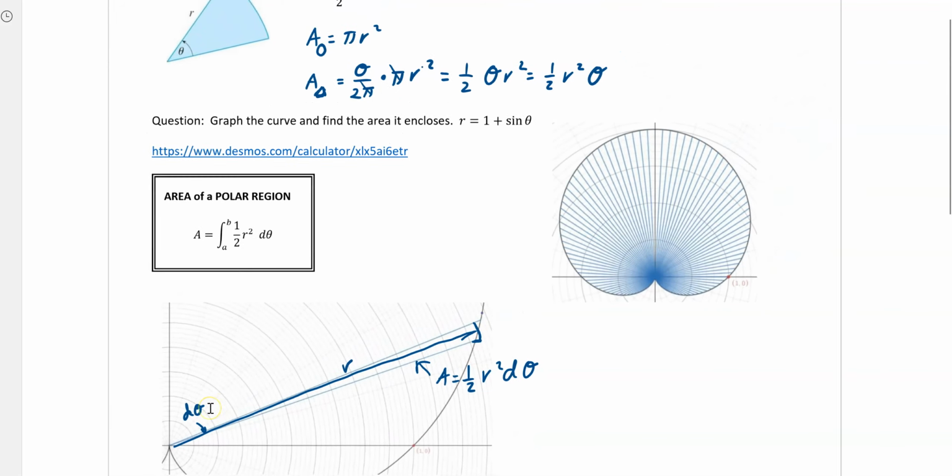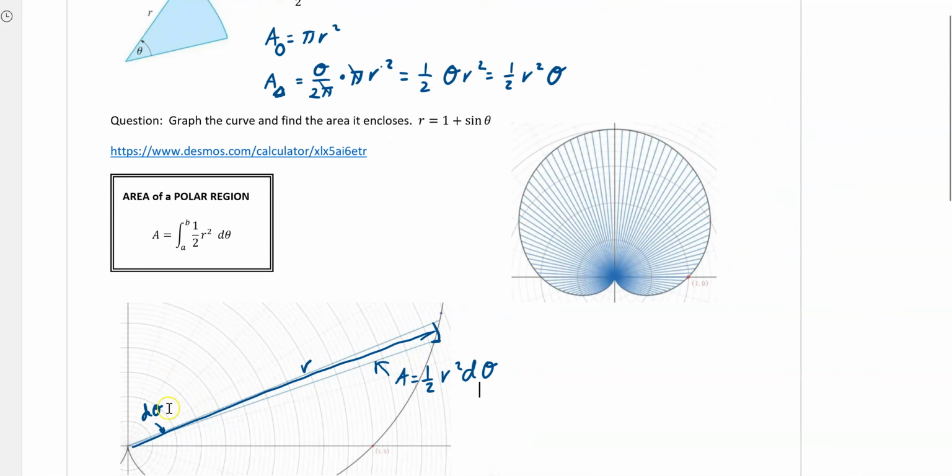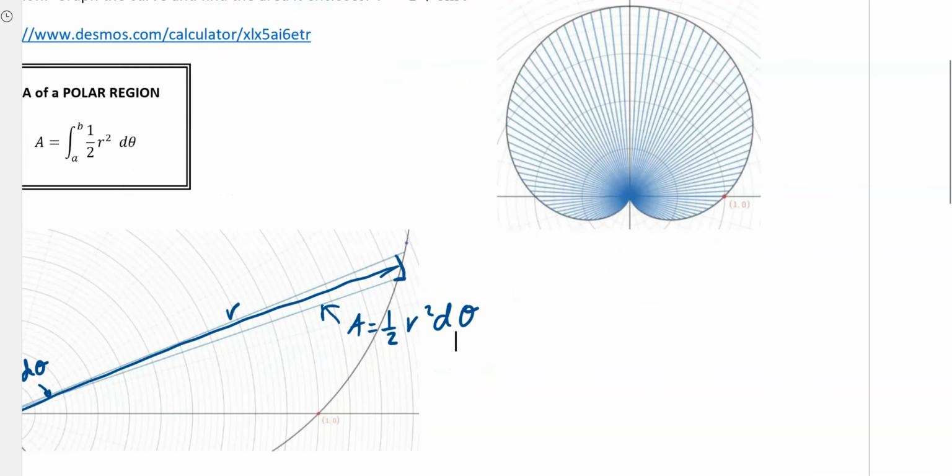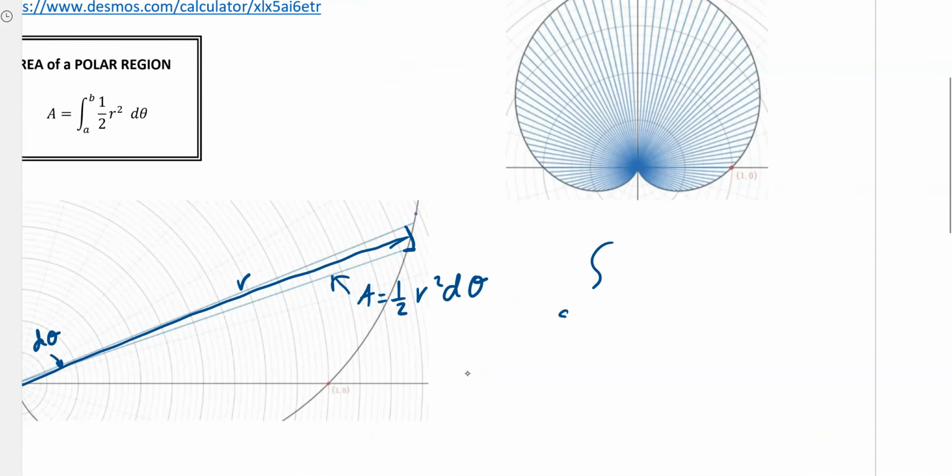If you go back here, you can see we have theta, it's now d theta, and then we have 1/2 r squared as well. So that is our integral. If we do the integral from start to finish of 1/2 r squared d theta, it will add up all of these little sectors as we move through the graph.